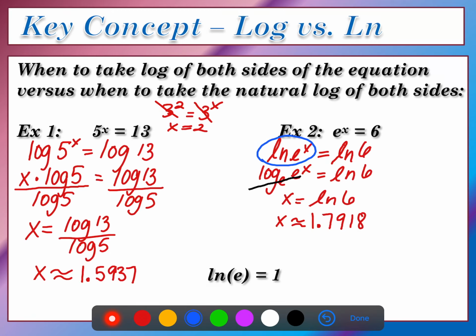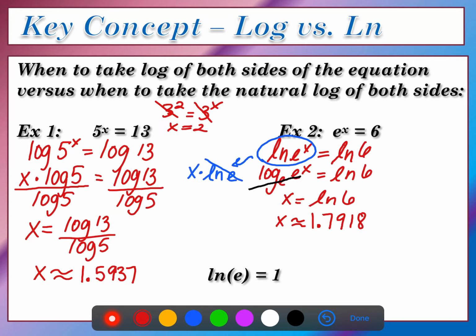On the left side here, properties of logs do apply to natural log. So technically, you could bring that x to the front, and it could be x times ln of e. Okay, and the ln of e is still going to cancel out, and you would just be left with the x anyway. Okay, but just so that you're aware, the properties of logs do apply to natural log.